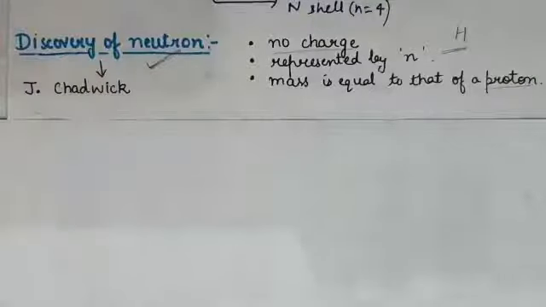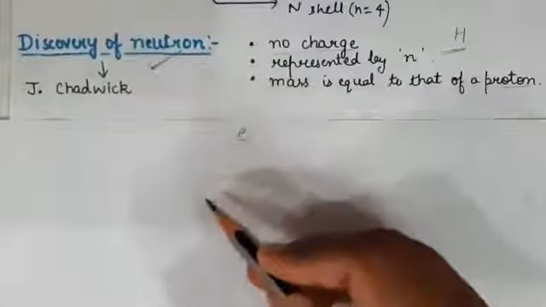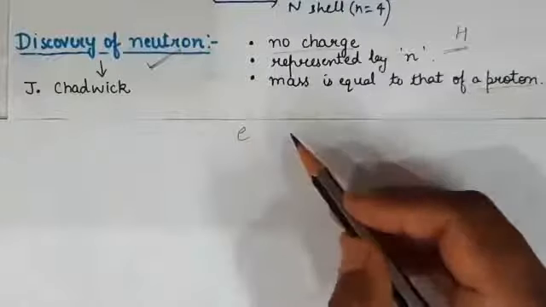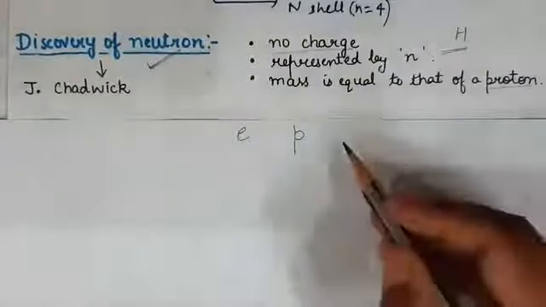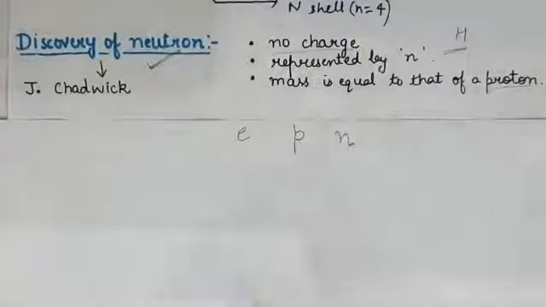We shall discuss in detail later on. So what are the three subatomic particles of an atom? The three subatomic particles of an atom are electron, represented by e, proton, represented by p, and neutron, represented by n.